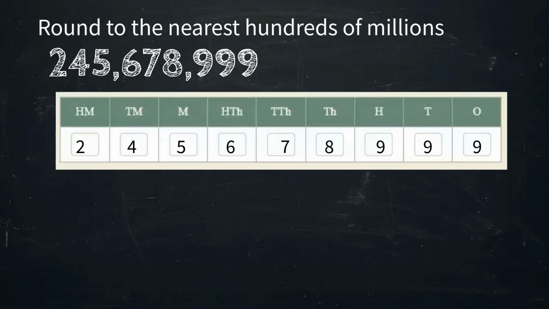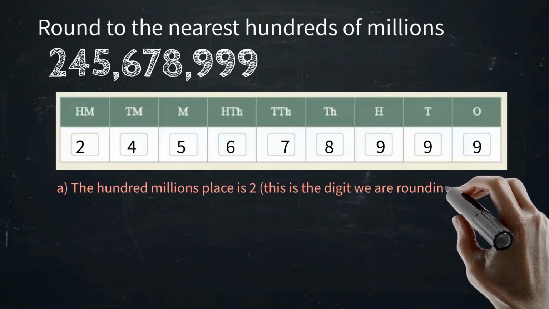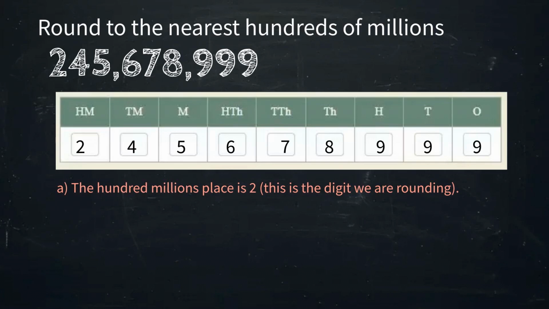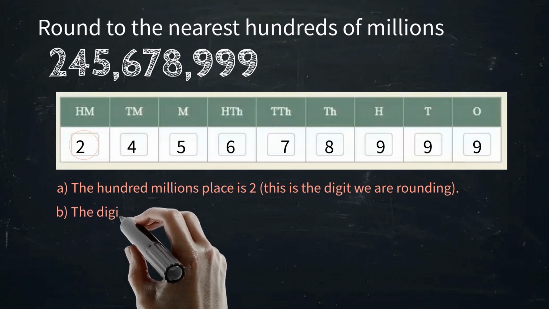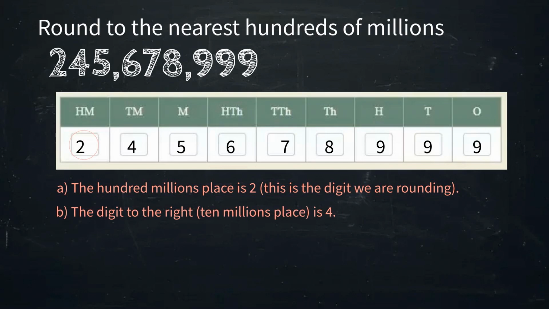We want to round to the nearest 100 million. Now, let's locate the digit in the target place value. In 245,678,999, the digit in the 100 million place is 2. Second, let's locate the digit to its right. The digit to the right of the 100 million place value is 4.